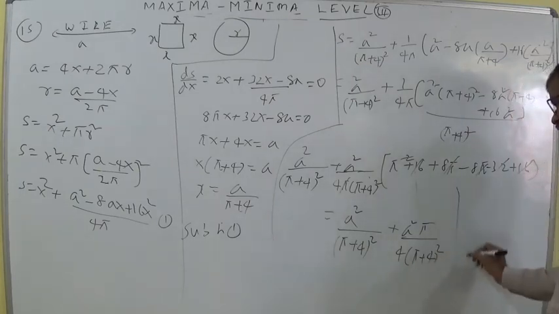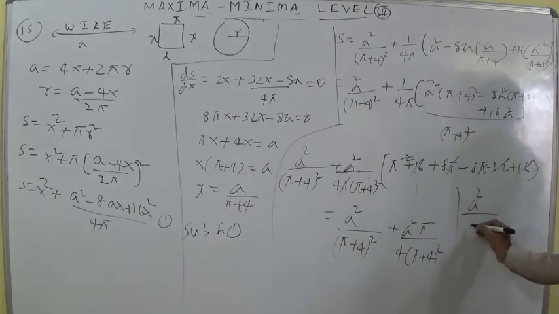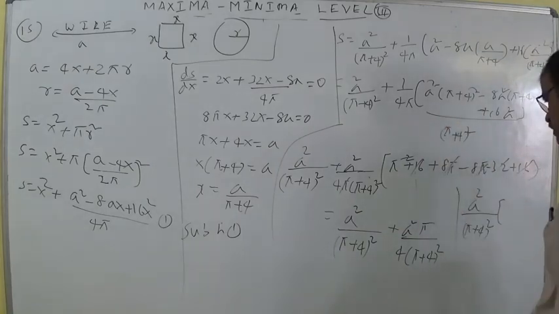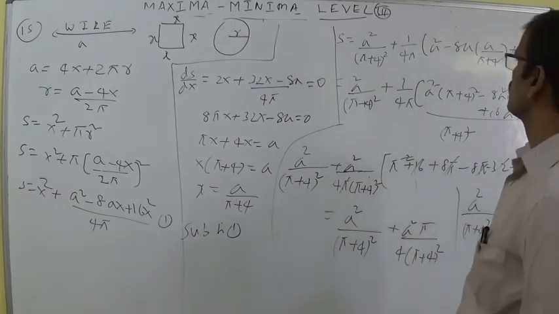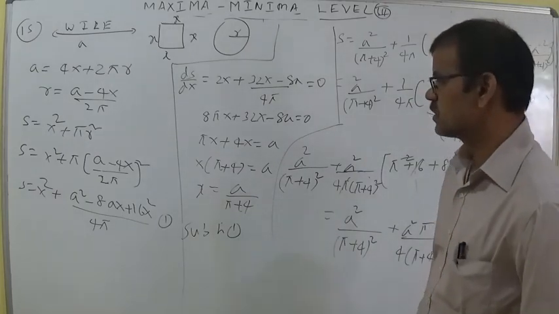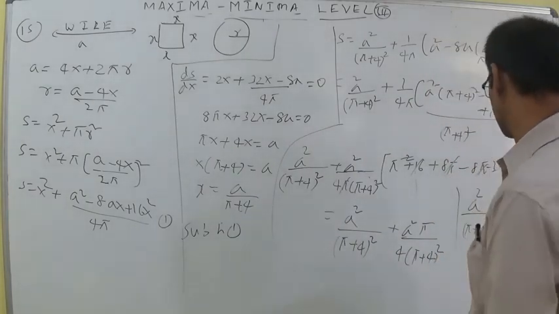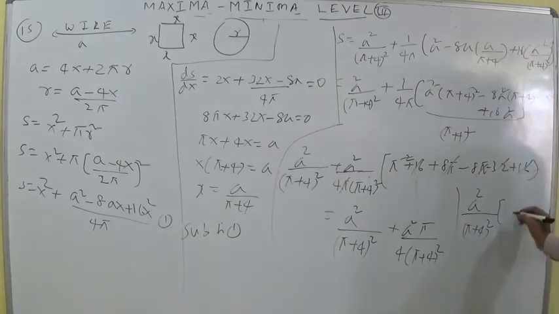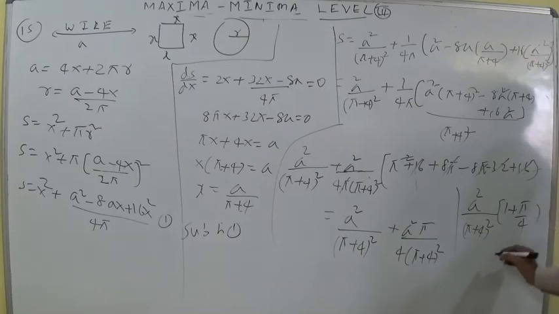If you take common once again, a square by (pi plus 4) whole square, you can take common 1 plus pi by 4.